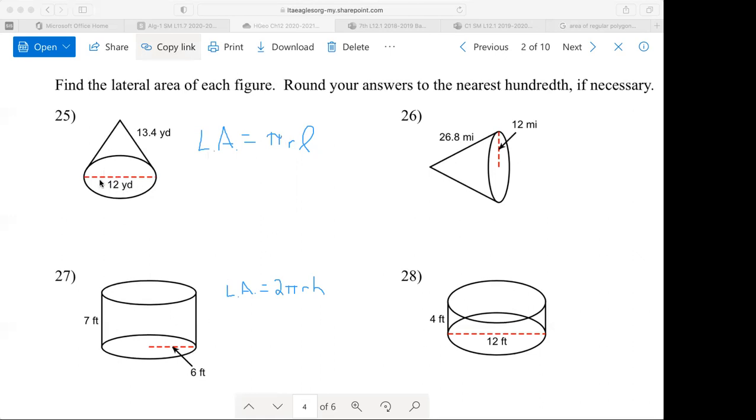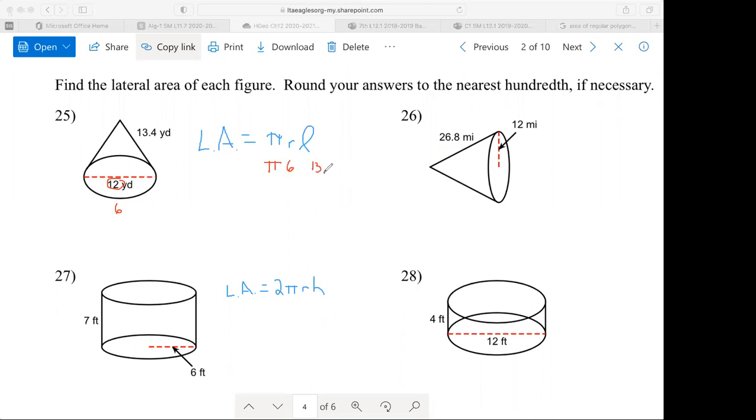All right, so on 25, we have a diameter, so we don't want to use 12. We want to use 6 because we need a radius. On number 27, look, it's 6 again, and that is the radius. That's what we want to use. So all we're going to do is type in pi. Well, the radius is 6, and the slant height is 13.4.